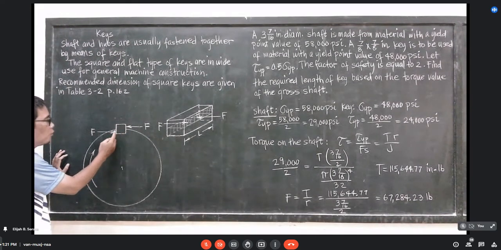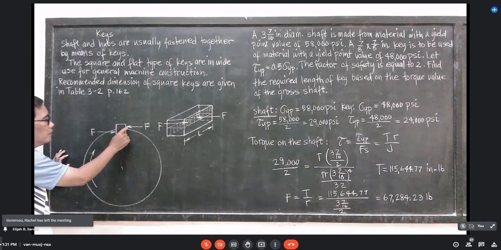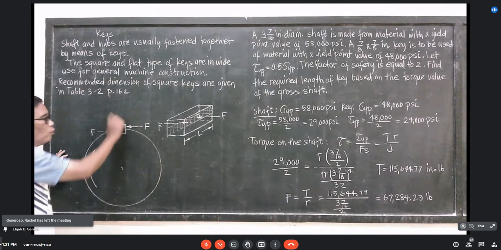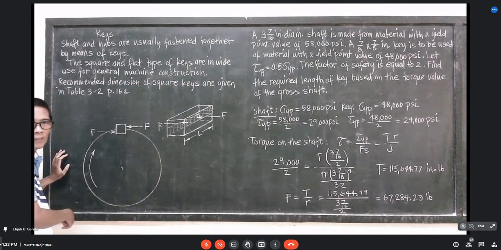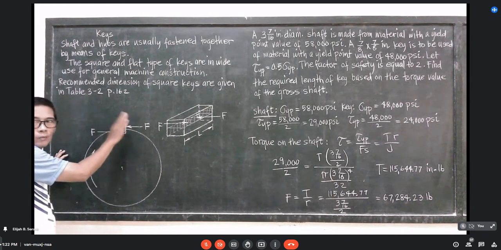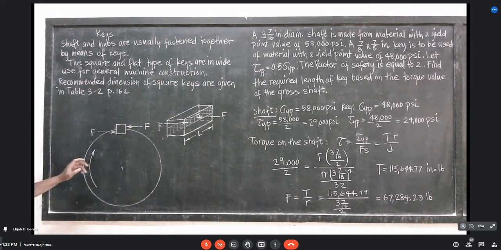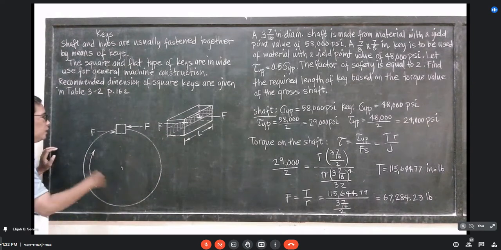The key also has a reaction on the surface. And this side is the side that is holding the hub. This is also the side on the key that is in contact with the hub, pushing the hub. Do you follow? So your shaft is rotating in that direction.